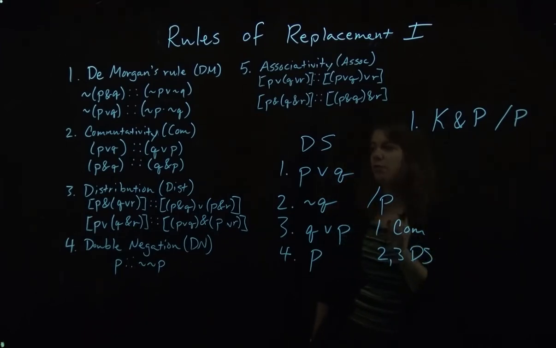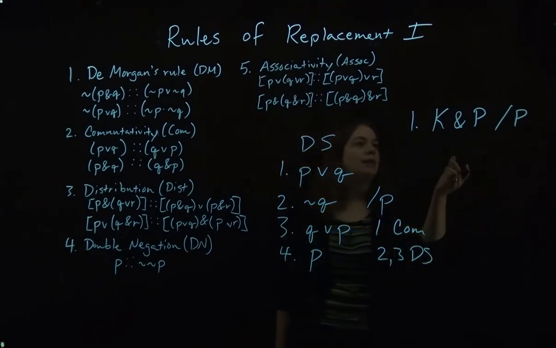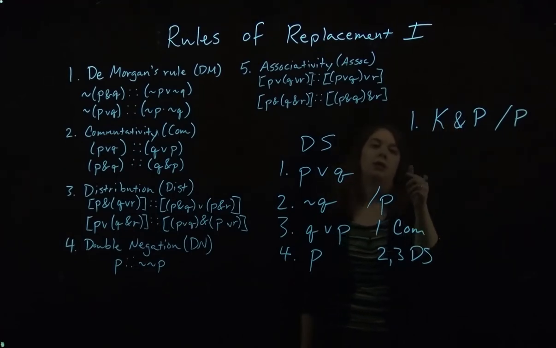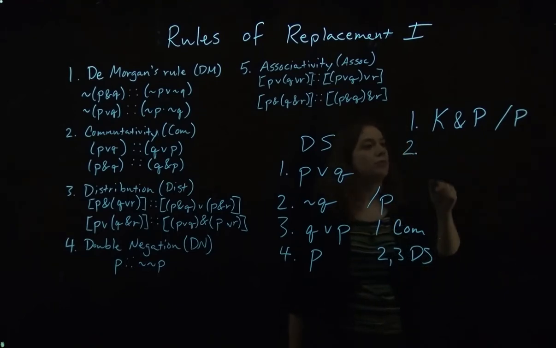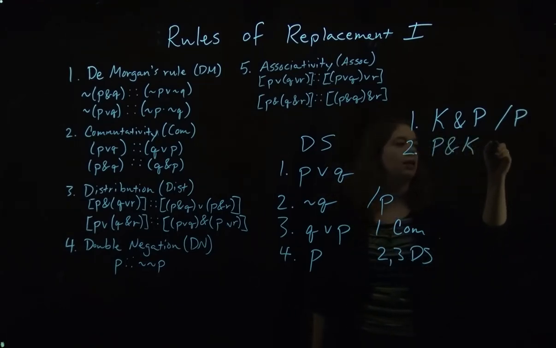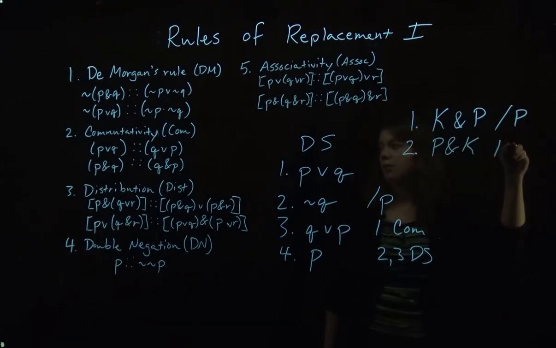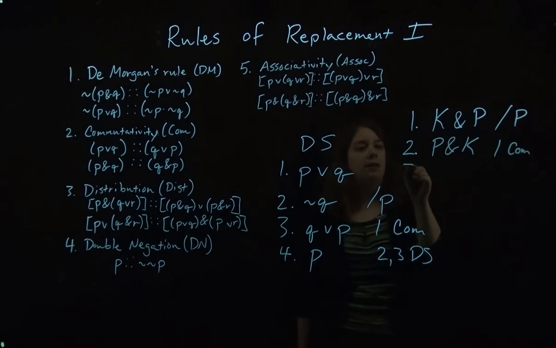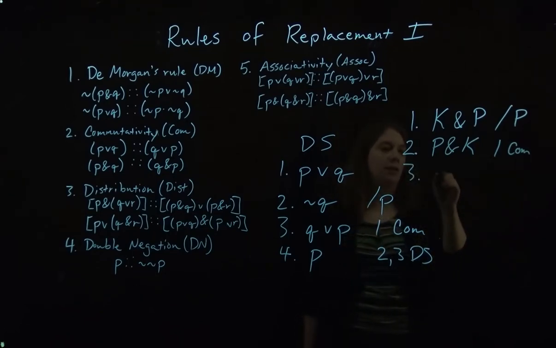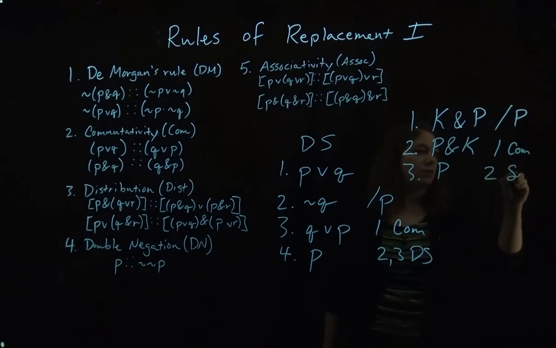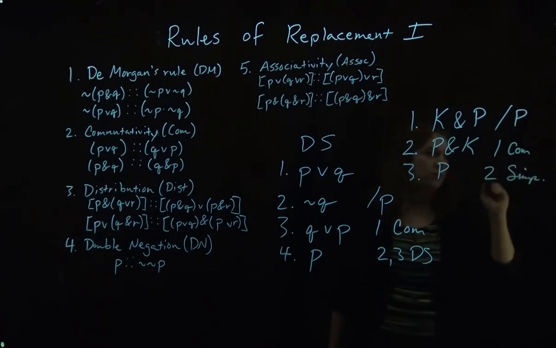But according to the formal rules here, we can only derive the letter that is to the left of the ampersand. So now that we have the rule of comm, we have to switch this around and go P and K using line 1 and the rule of comm. And then, and only then, you can derive P on line 2 using the rule of simplification.